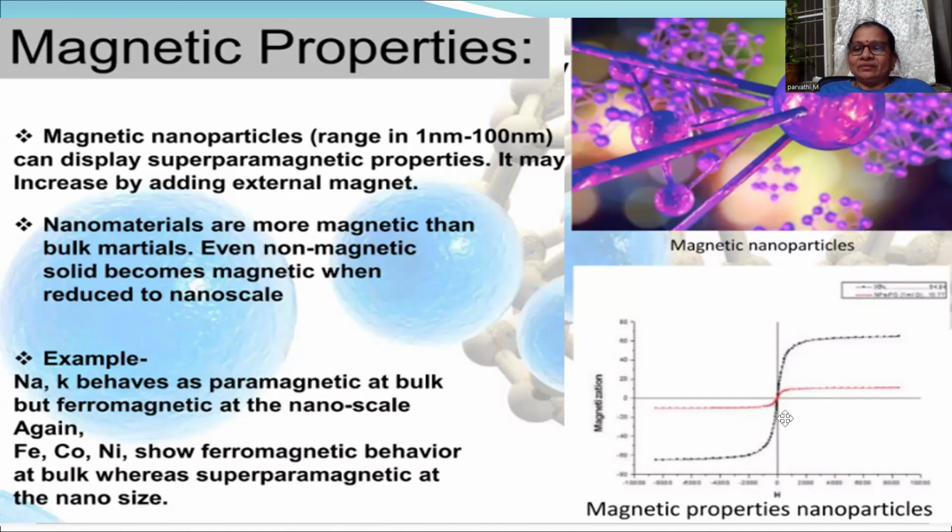On the right-hand side of the curve, as the particle becomes smaller and smaller, the magnetization is rising. On the left-hand side of the x-axis, the magnetic nanoparticle size is a little larger, so the magnetization is small, and finally it becomes constant as it reaches a higher level.